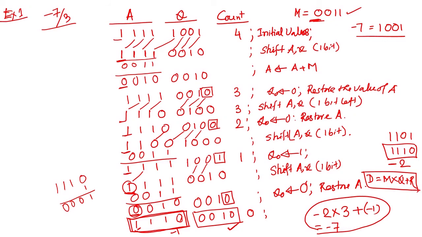Similarly, you can check with some other value, let us say minus 7 divided by minus 3. Okay. So, let us try with minus 7 and minus 3. So, M is the divisor. So, what is minus 3?